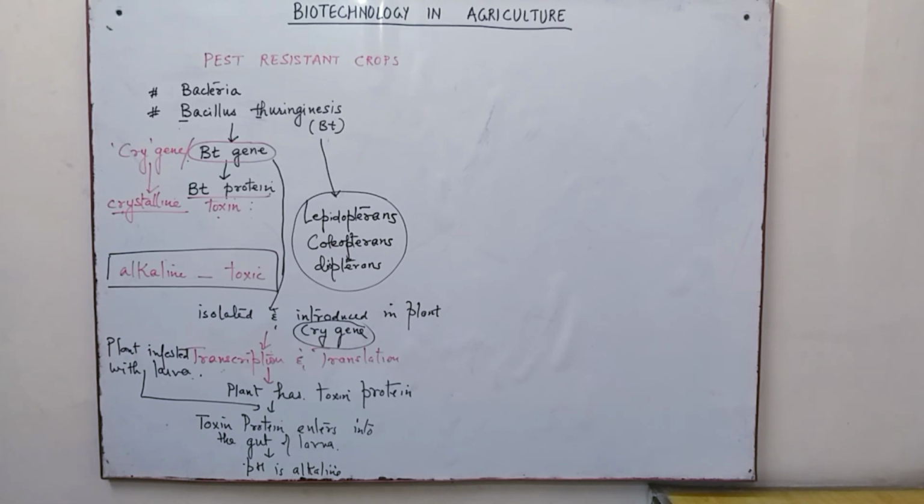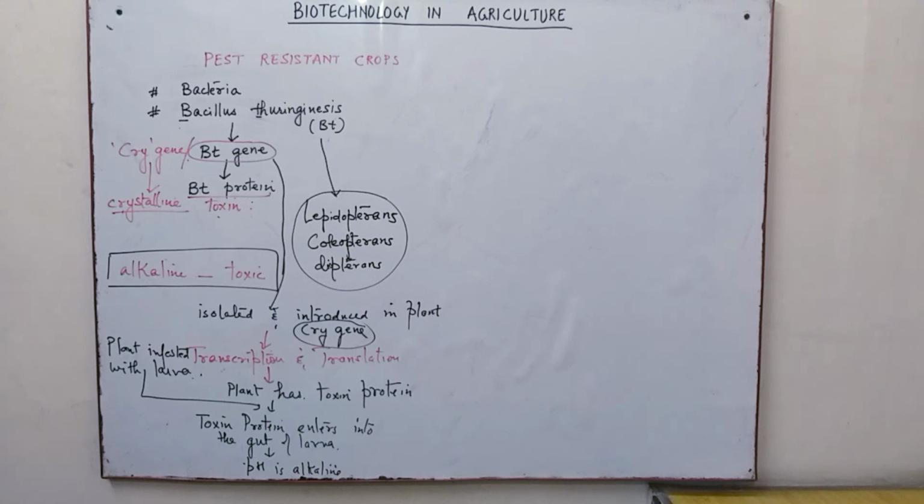You have to remember that this Bt protein or Bt toxin exists as an inactive protoxin in the plant, but when it is taken in by the insect, it is converted into the active form of toxin due to the alkaline pH of the gut.